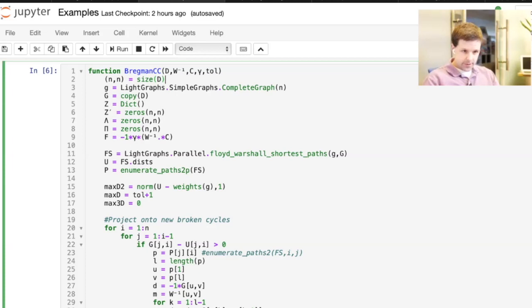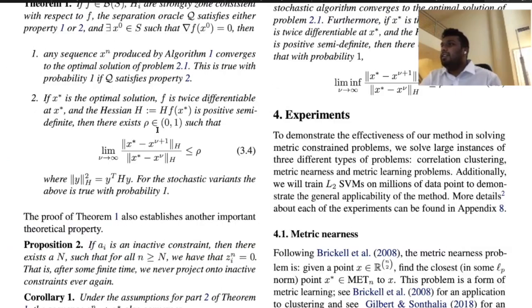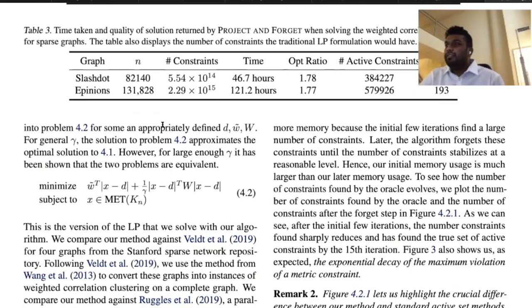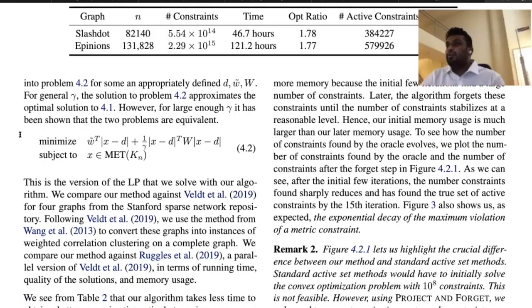Okay. So maybe it might be useful to go back to the paper for a second and look at the actual formulation of the problem we're solving. Right, so I guess from your paper is what we got. This is the version, the QP that we solved.